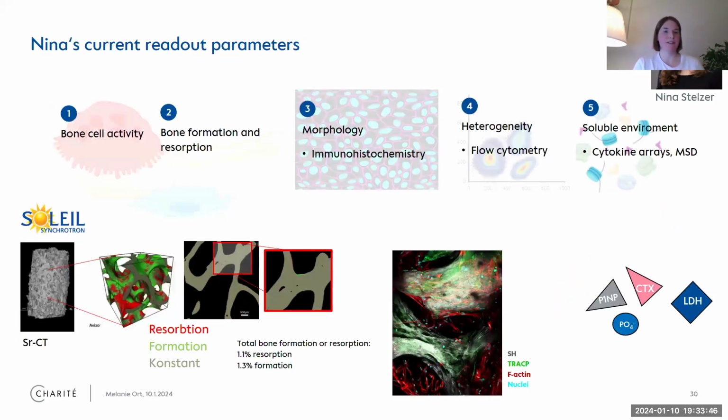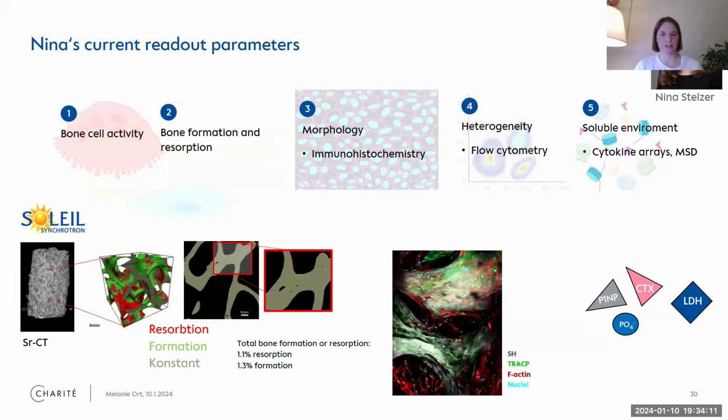Other readout parameters that Nina is currently assessing for her questions are bone cell activity, bone formation, and resorption. Here you can see again the CT, really tiny CT, super cool. And you can see bone formation and bone resorption basically in balance, because you don't want one cell type to overshoot, making a lot of bone, or the other one resorbing a lot of bone, right?